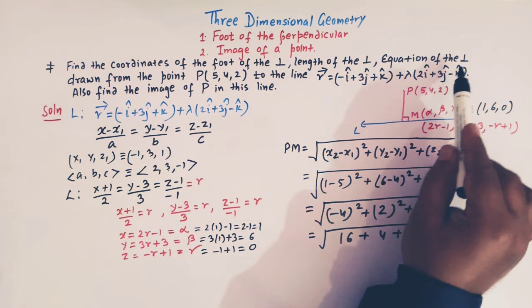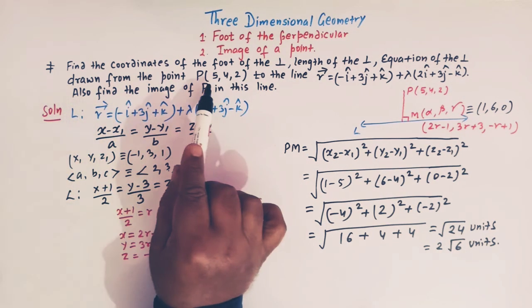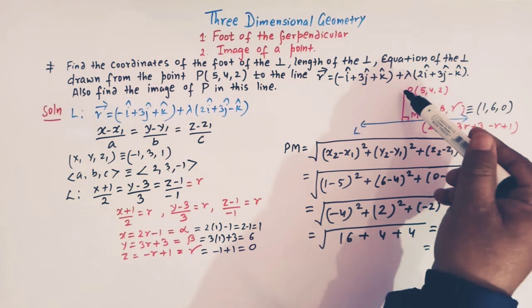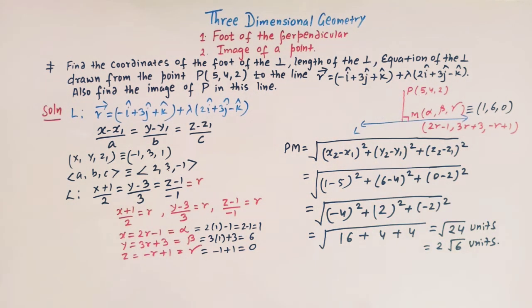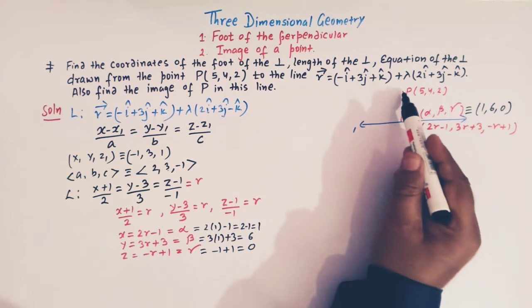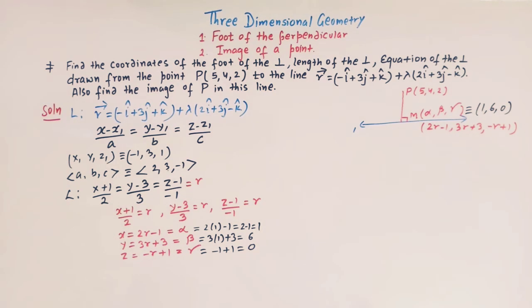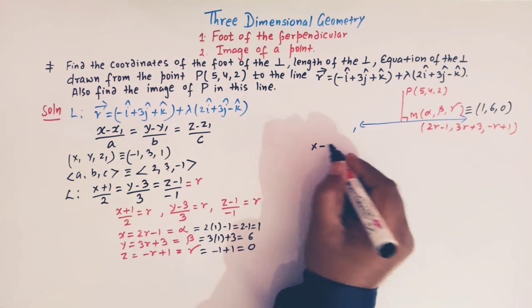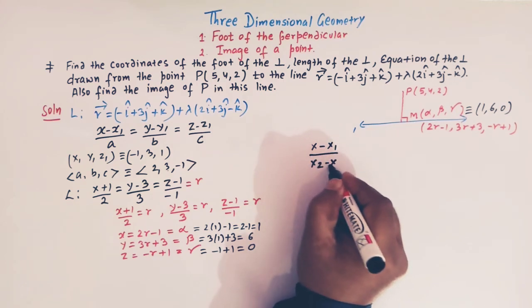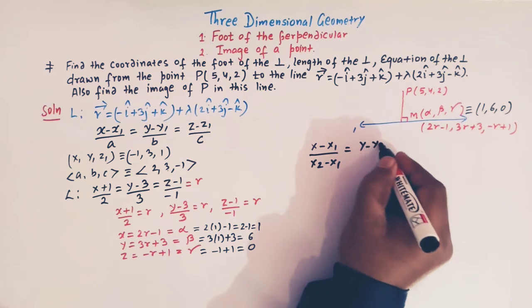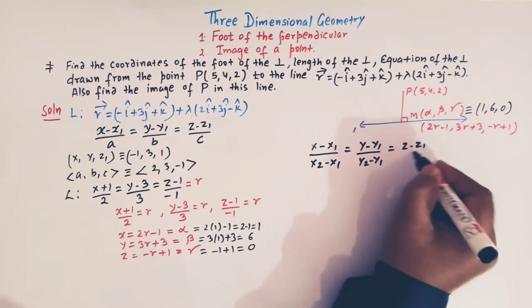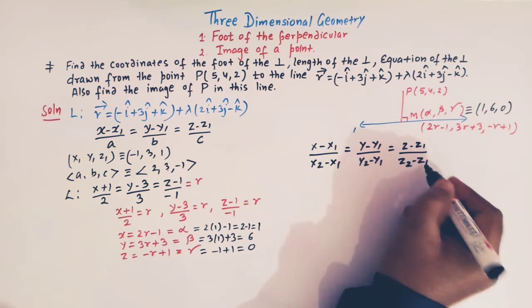Now we have to find the equation of the perpendicular drawn from this point on this line, right? So now we have to find the equation of PM. So to find out the equation of PM, we'll make use of the equation of line, that is (x minus x1) over (x2 minus x1), (y minus y1) over (y2 minus y1), (z minus z1) over (z2 minus z1), right?